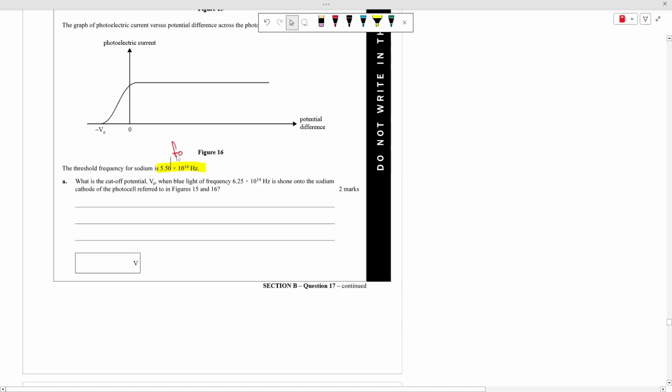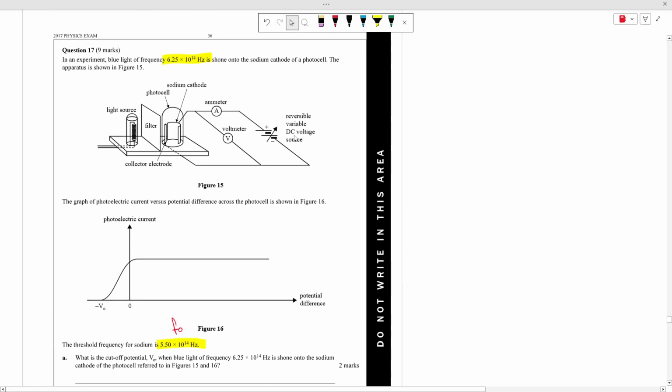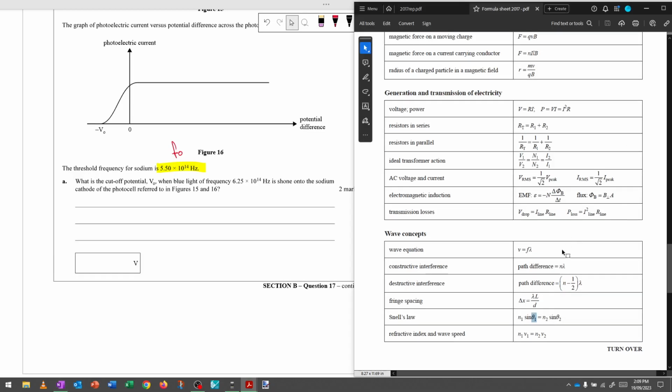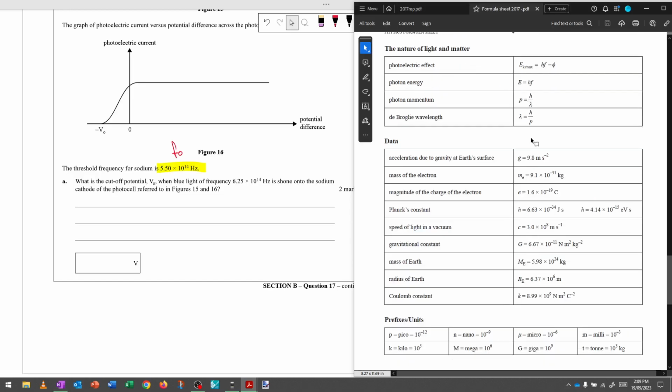Now, how do we relate threshold frequency and stopping voltage? Well, there's a nice formula that we use, and that's based on this one here. Okay, it is simply going to be this one. Or maybe even this one. So our threshold frequency is going to be F0. The stopping voltage you can replace with E here, if we're talking about electron volts.